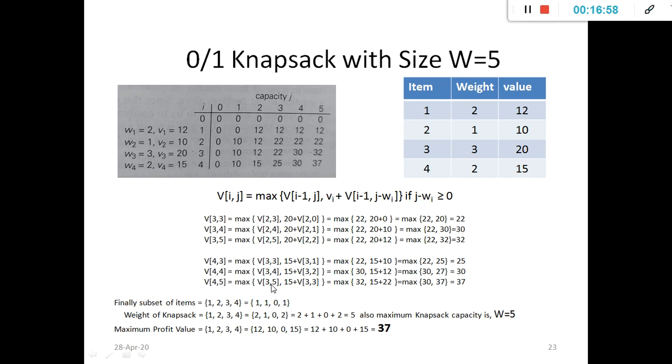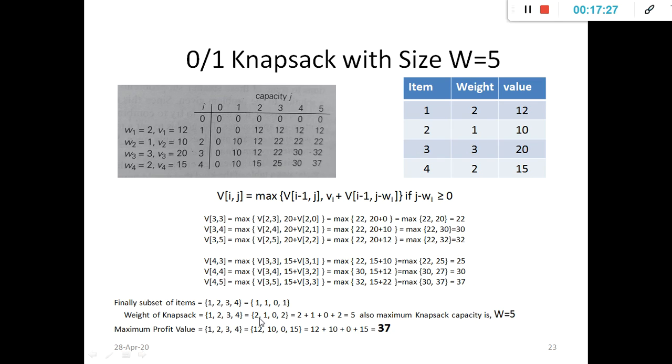Then this gives the decision about which objects are included in the knapsack to get the maximum profit. This subset says object 1, object 2 and object 4 are included in the knapsack and object 3 is not included. With these decisions you get the weight of the knapsack.